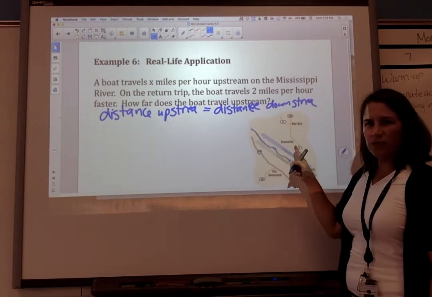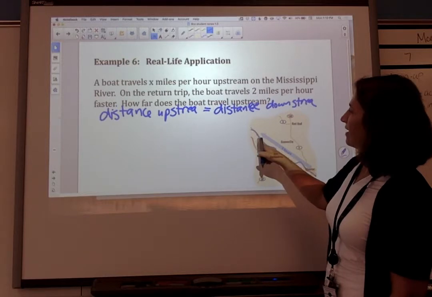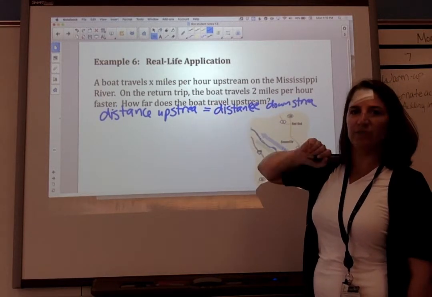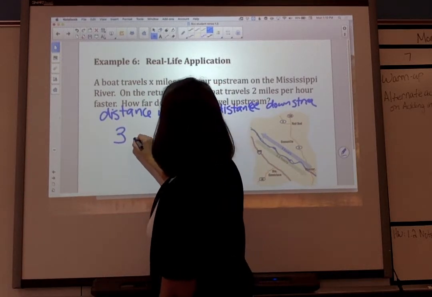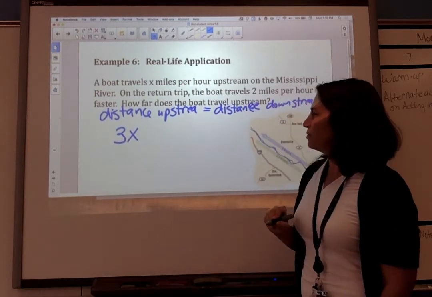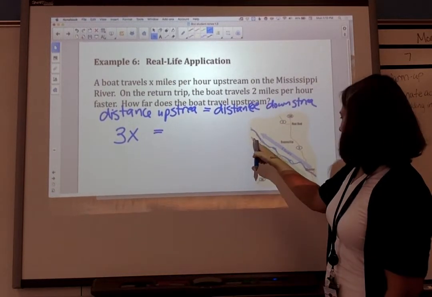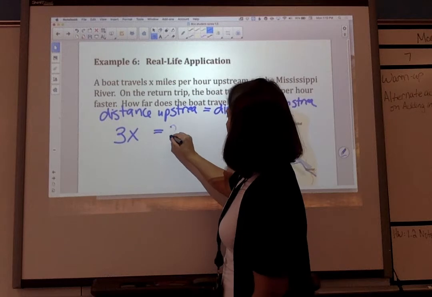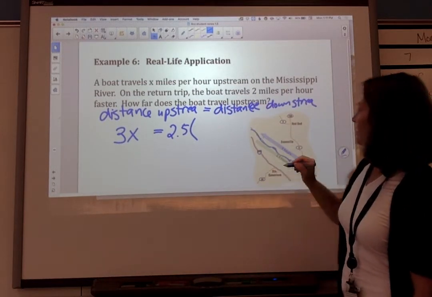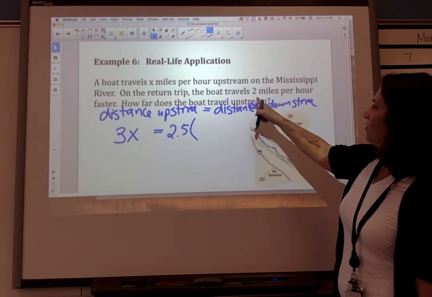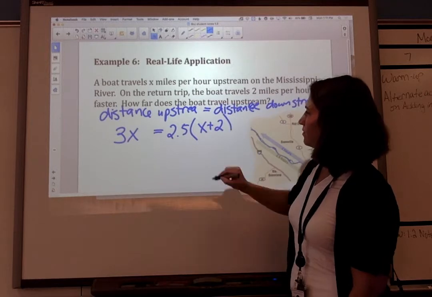And the distance upstream is going to be 3 hours times x, because it takes us x miles per hour. 3 hours times x miles per hour. And the distance downstream is going to be 2.5 hours times the speed, which is 2 miles faster. So times x plus 2.